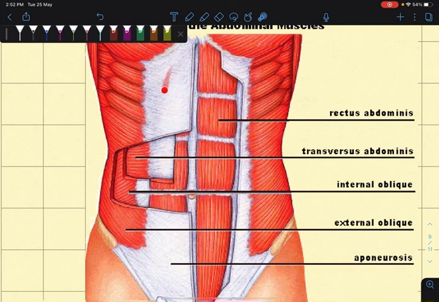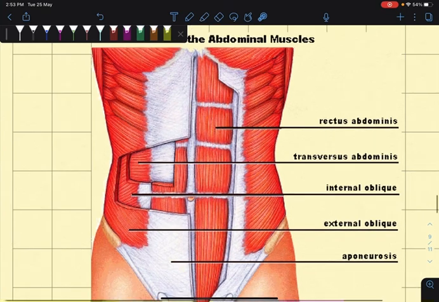So here is an aponeurosis and here is an aponeurosis, and the rectus abdominis muscle is located at the aponeurosis, deep to the aponeurosis of the external oblique muscle, but superficial to the aponeurosis of the transversus and internal oblique muscles.